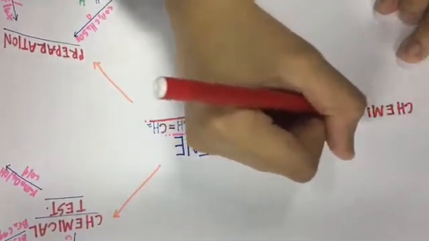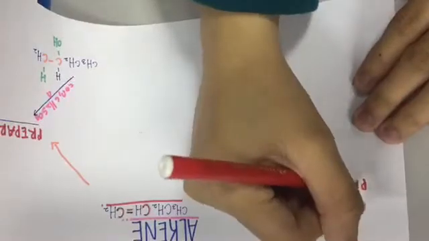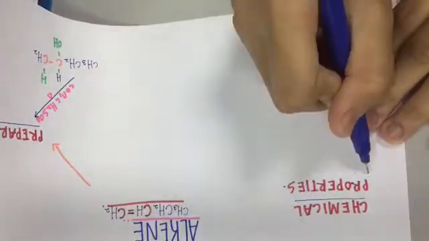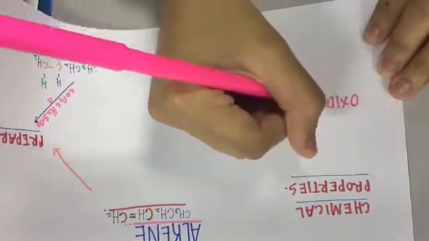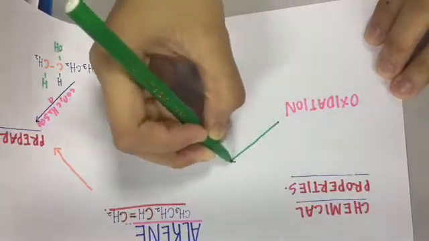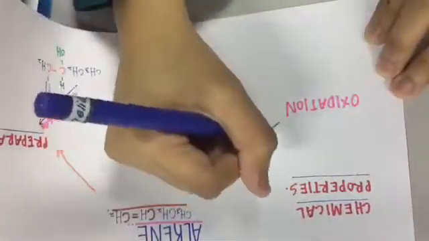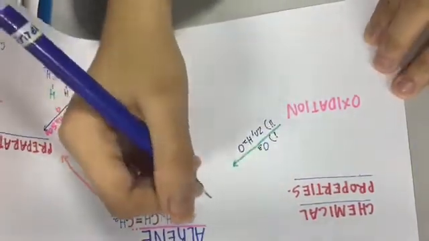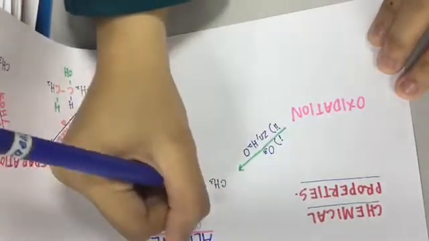And the third main point is chemical properties. In chemical properties, we have to know two points: first electrophilic addition, second oxidation. For oxidation, the first reaction is O3 and Zn with H2O, but we must put I Roman and II Roman.